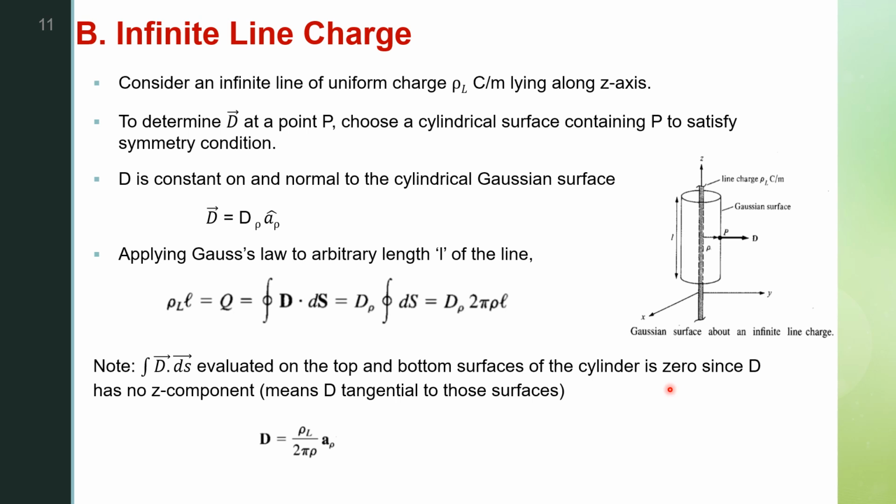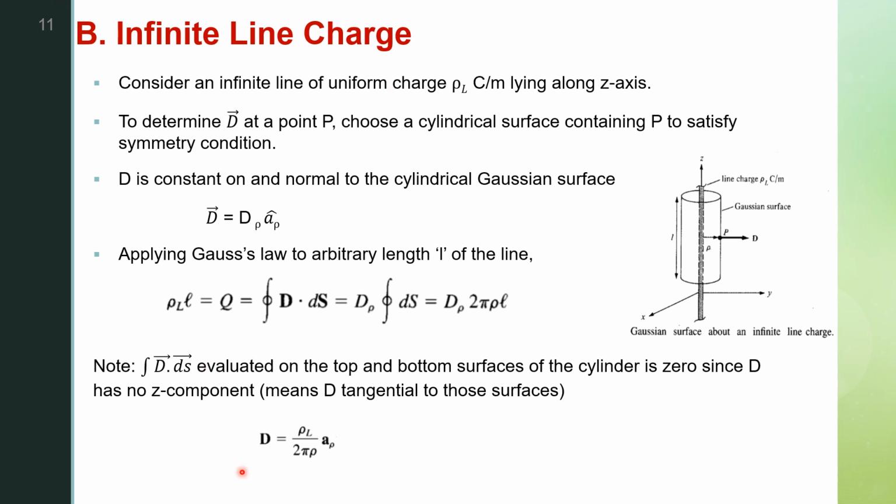Why is it 0? Because the electric flux density is tangential to those surfaces. That is why we get this closed integral of dS as 2 pi rho L. From this equation, we can compute electric flux density D equal to rho_L divided by 2 pi rho a_rho, where rho_L is the line charge density.